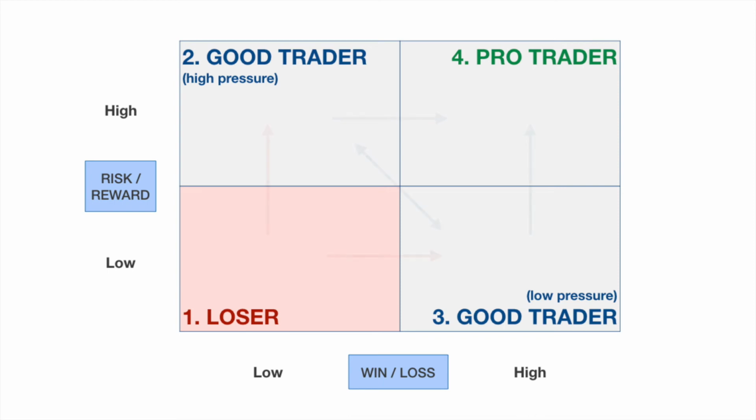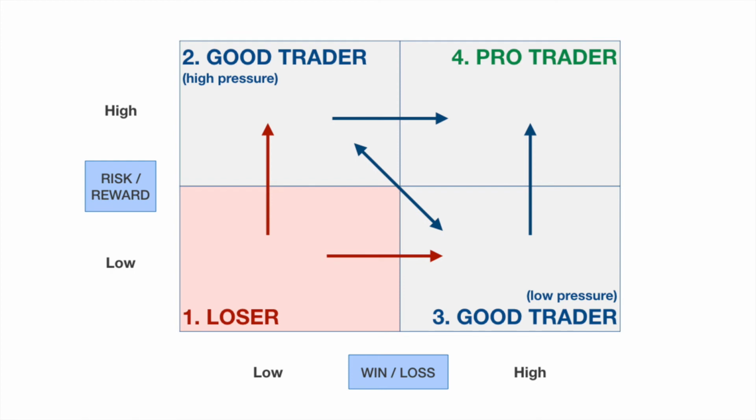So how can you do that? Well, if you are a losing trader, then rethink your approach. I'm sorry if I insist, but you need to rethink your approach to the markets so that your risk reward and your win-loss ratio will both benefit, and you will end up becoming a good trader either in category 2 or category 3, because there is no chance of moving from 1 to 4, but you can definitely move from 1 to 2 or 1 to 3.